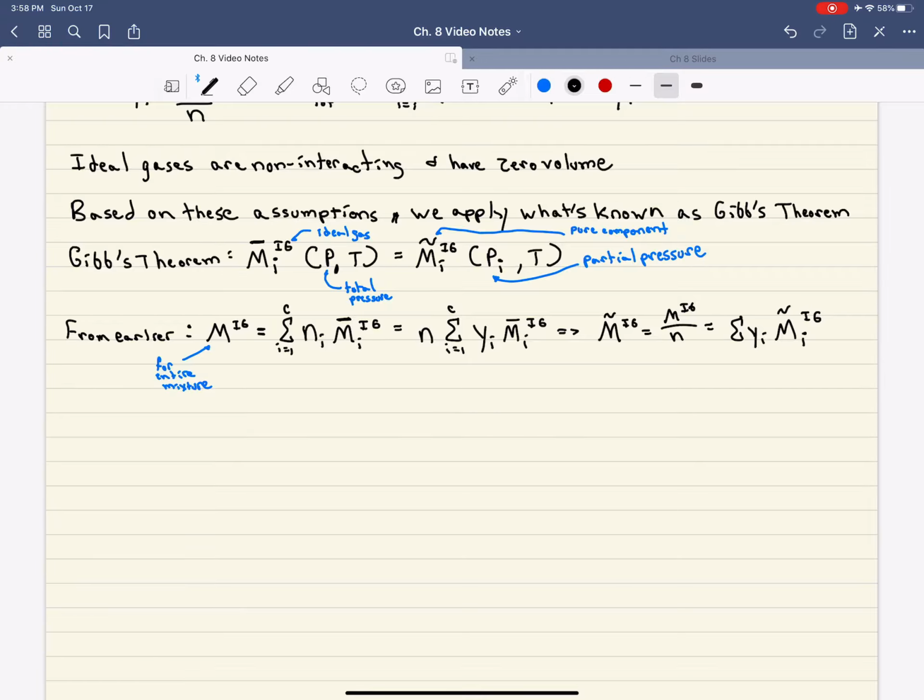Because from Gibbs' theorem, this is saying that this at the total pressure is equal to this at the partial pressure. So let me write those in. And this is also at total pressure and temperature. Okay, so that's just the general framework for looking at the molar properties of an ideal gas mixture.